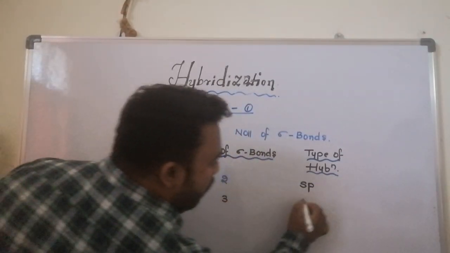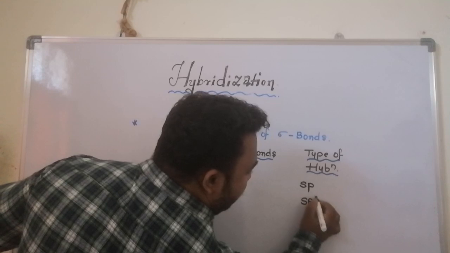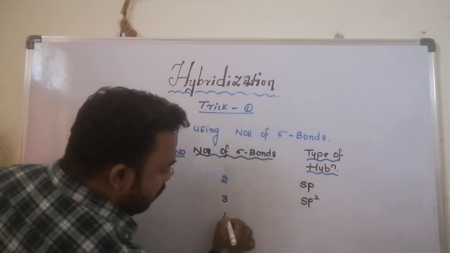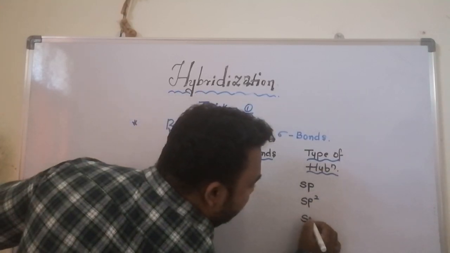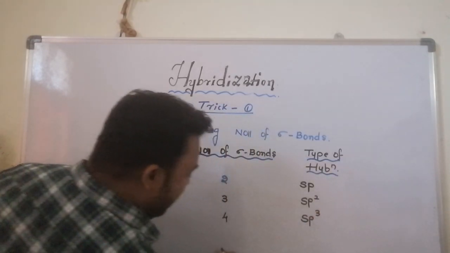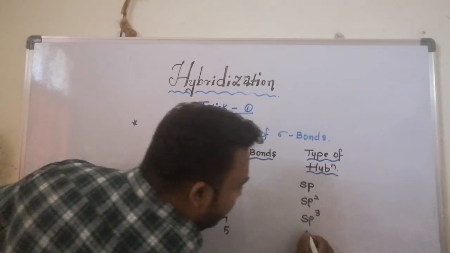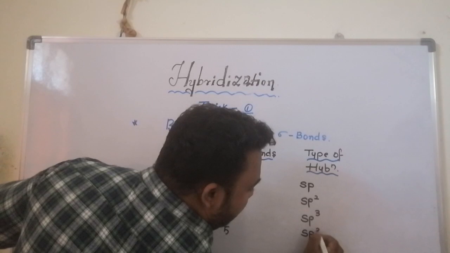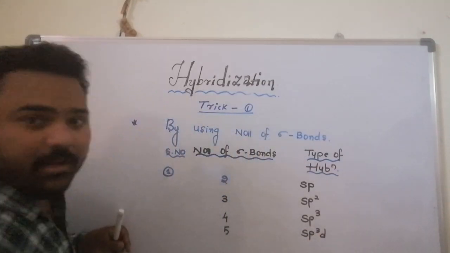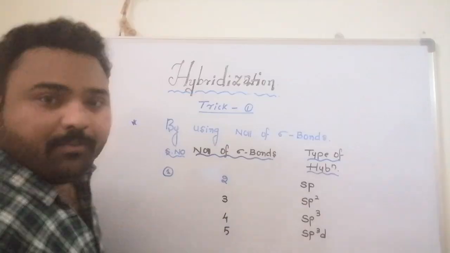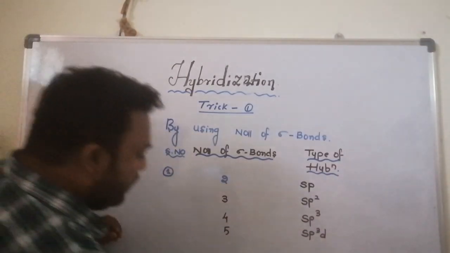If three sigma bonds are formed, sp2 hybridization. Four sigma bonds, sp3 hybridization. Five sigma bonds, sp3d hybridization. Okay, sp3d hybridization.